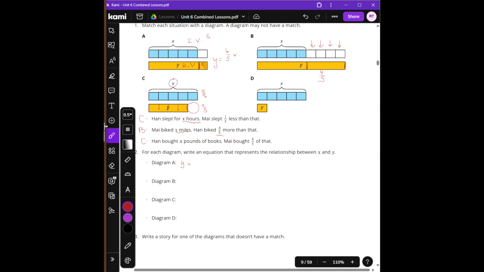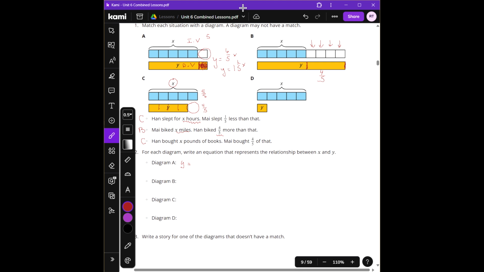That gives me the 6/5, because this is bigger than this. So that is going to be our equation. Y is equal to 6/5 X, which is also Y equals 1 and 1/5 X if we turn it into a mixed number.